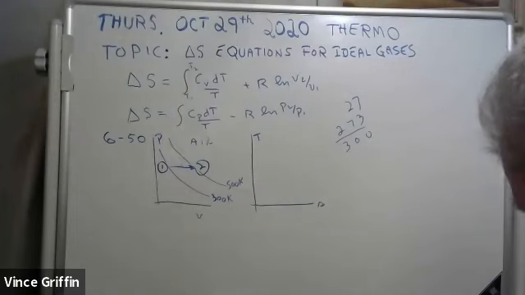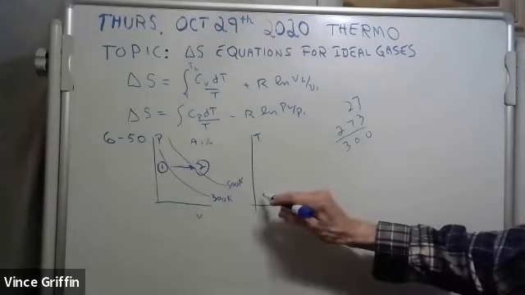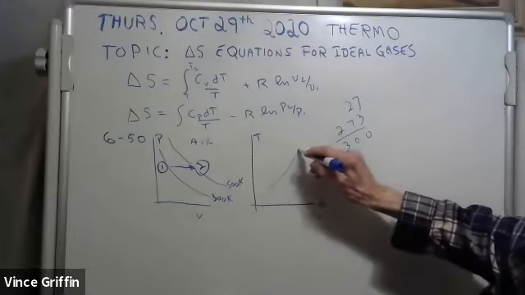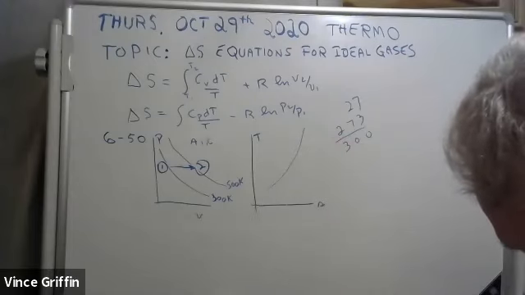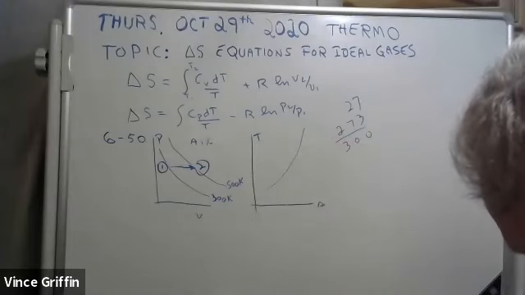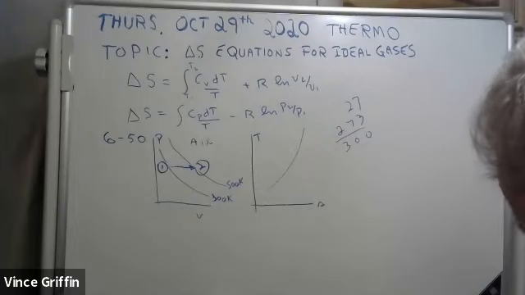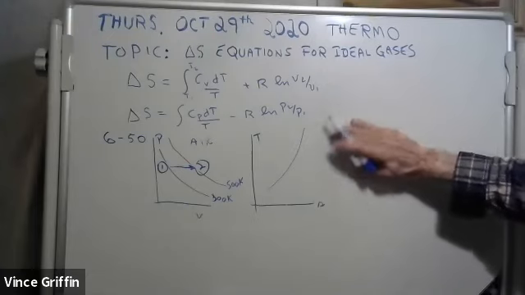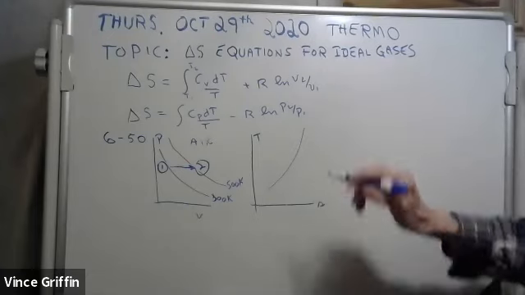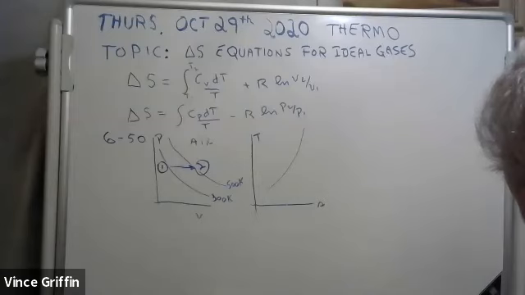Now on a TS diagram, it's constant pressure, but constant pressure lines kind of go like that. Now, what is this pressure? Well, we don't know, but we could find out. Look here. Oh, no, they gave it to us.